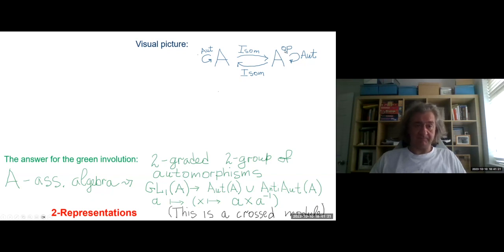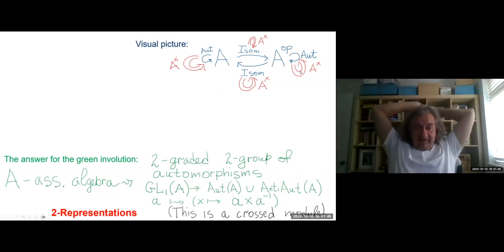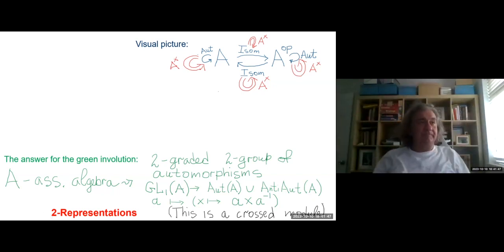They act like this. Right? And then somehow this is a two-group theoretic picture, because on every automorphism, the maps between them are given by invertible elements of A. So this is the picture I would have, right?